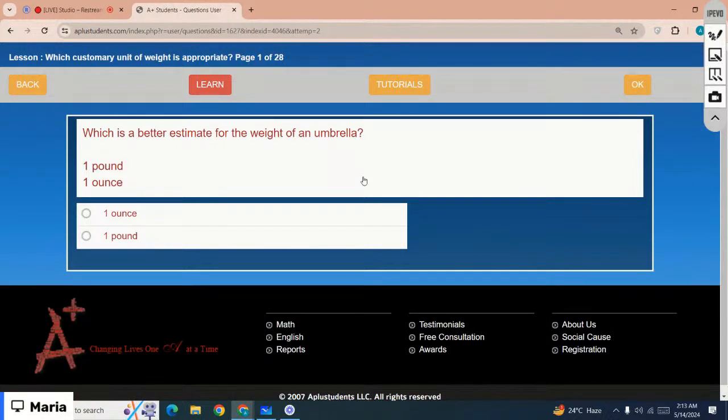Which is a better estimate for the weight of an umbrella? 1 pound, 1 ounce. Which is the correct option?